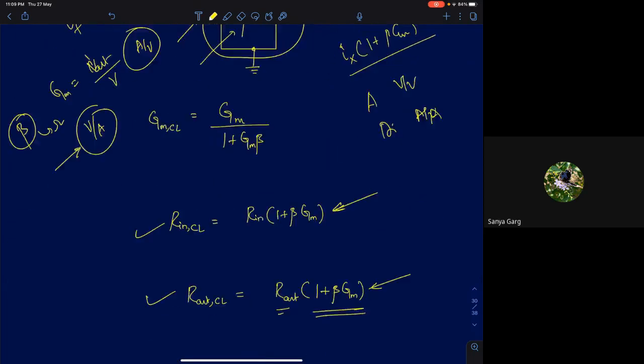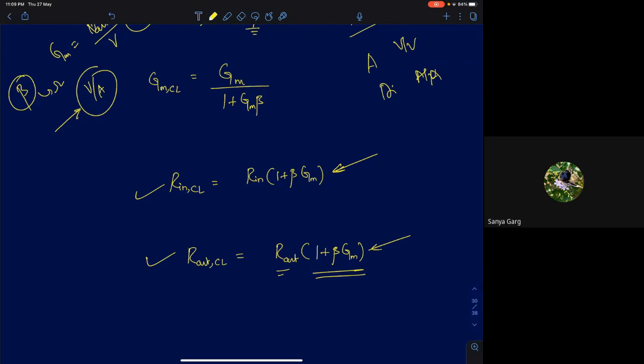So the product GM into beta, which I'm going to call the loop gain, and I'll talk about that in detail in a few moments, is a dimensionless quantity. Beta has dimension of ohms, GM has dimension of Siemens, but the product of this is dimensionless.